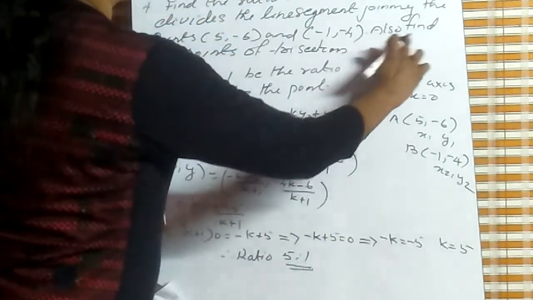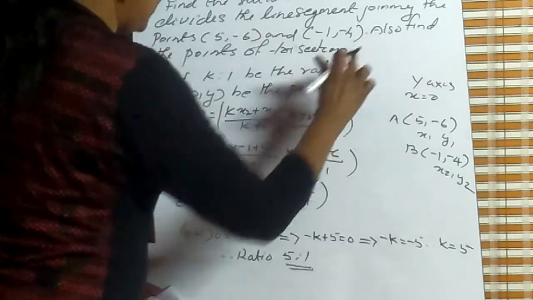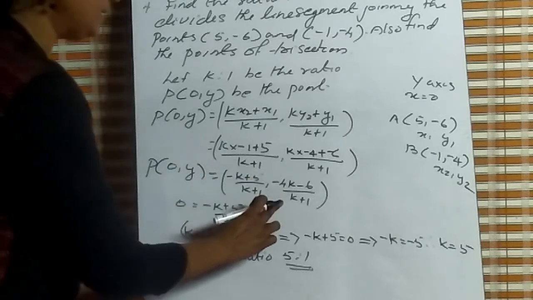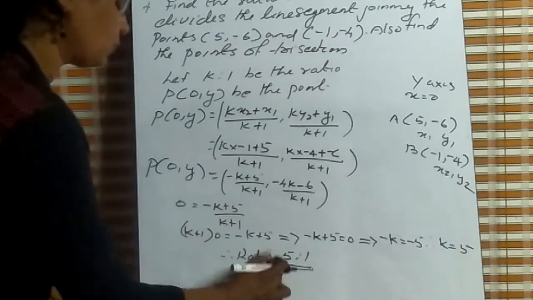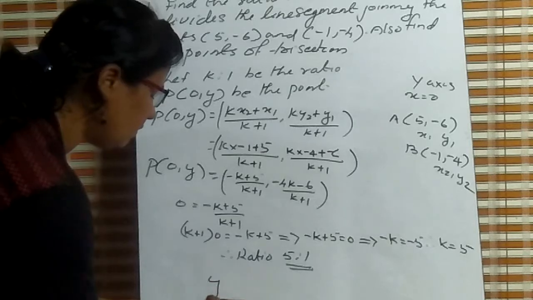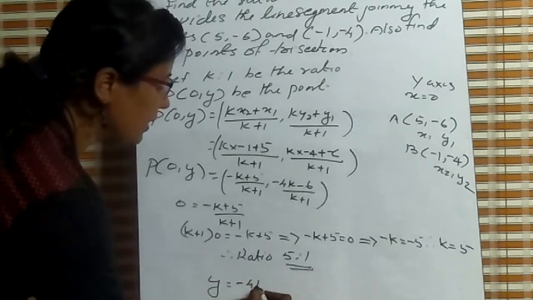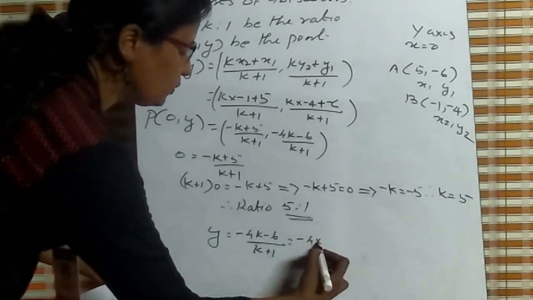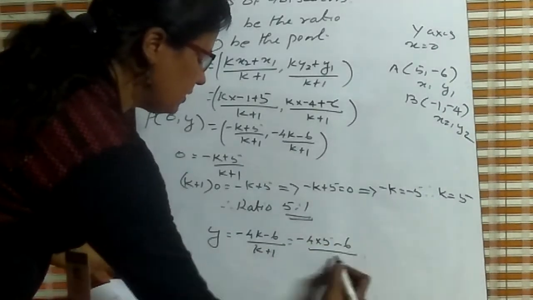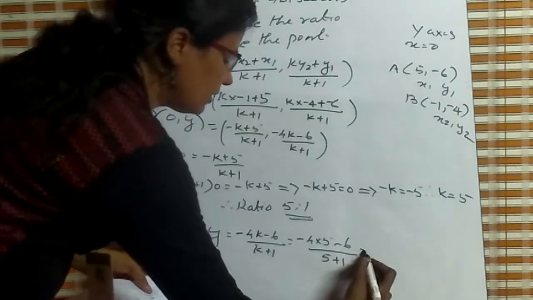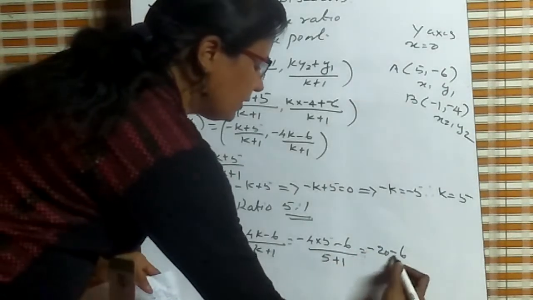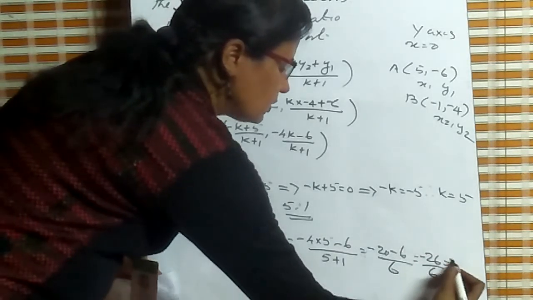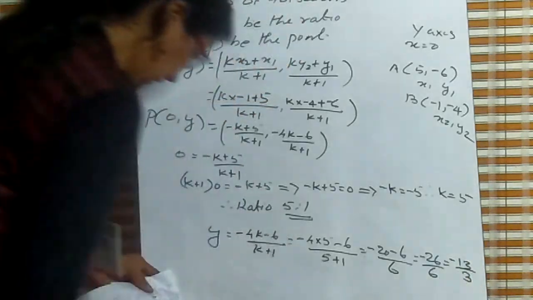Now, our second part is also to find the point of trisection, which means we have to find the y-coordinate also. For finding the y-coordinate, put k equal to 5. y equals (-4k - 6) by (k + 1) equals (-4 into 5 - 6) by (5 + 1) equals (-20 - 6) by 6, equals -26 by 6, which is -13 by 3.